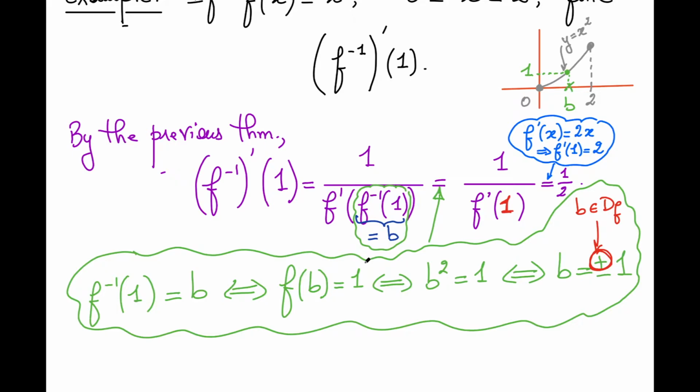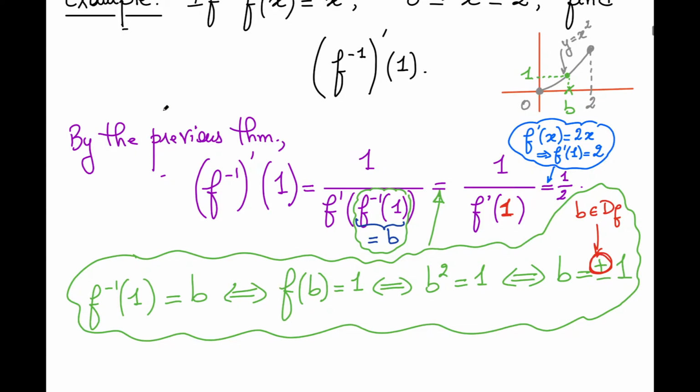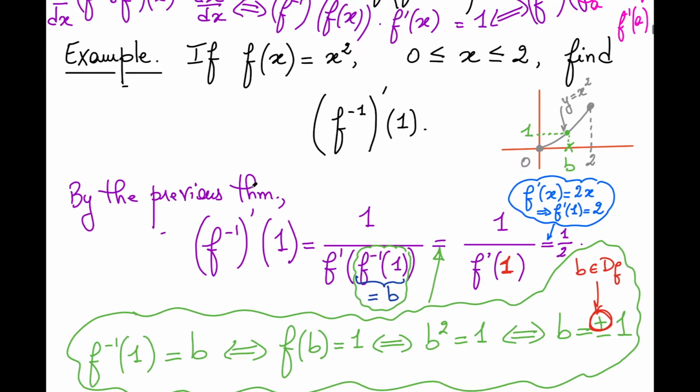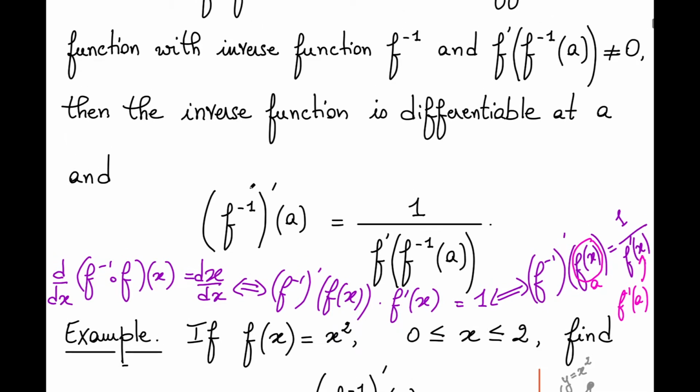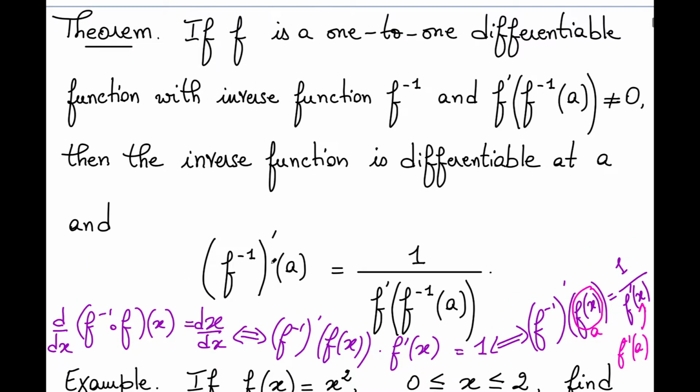All right. So the derivative of the inverse function at the point 1 is 1/2. Let me show you a different way to do it without going through that theorem.